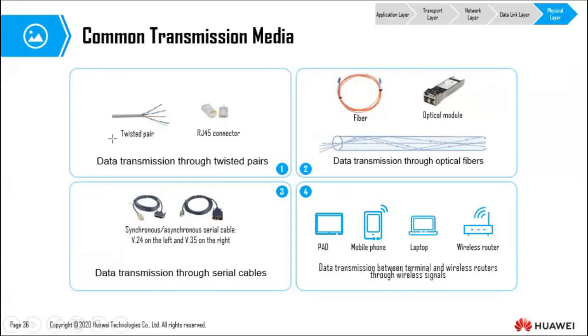We have several. This is what we call the twisted pair. With this transmission media, normally what you need to understand is how it transmits data. Is it using electrical signals or using light or electromagnetic waves? Then it's also important to know the type of connector that is used to connect that particular media to your device.